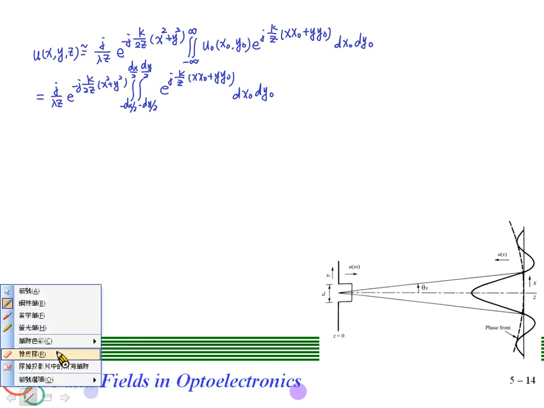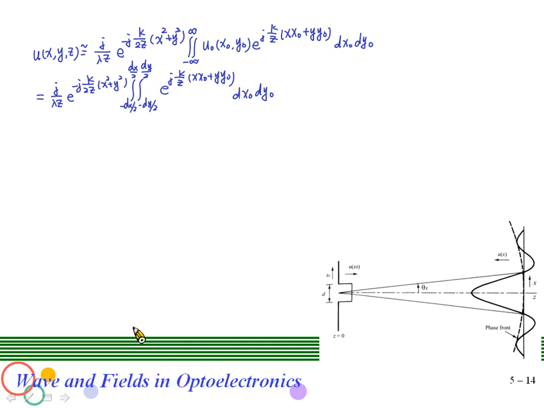We take the integral with respect to x, for example. For x, we have to find out the result of this one. This equation integrates x sub 0 from minus d sub x over 2 to d sub x over 2.